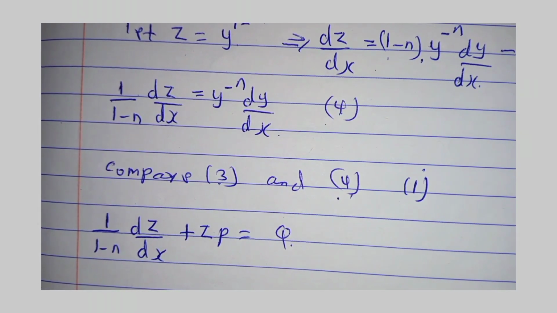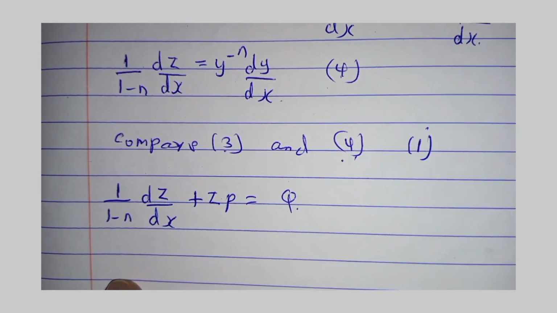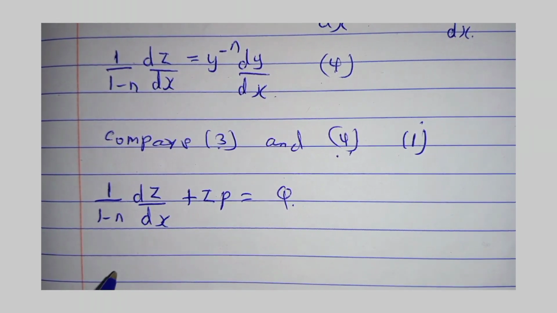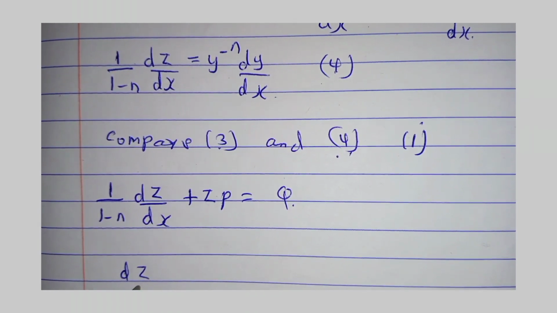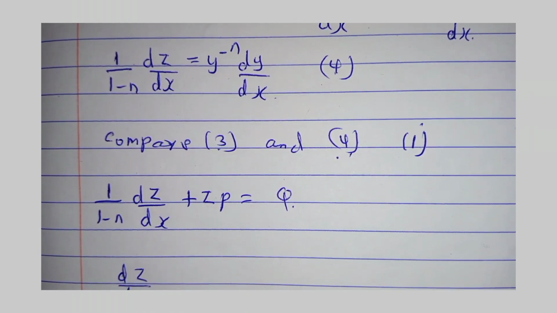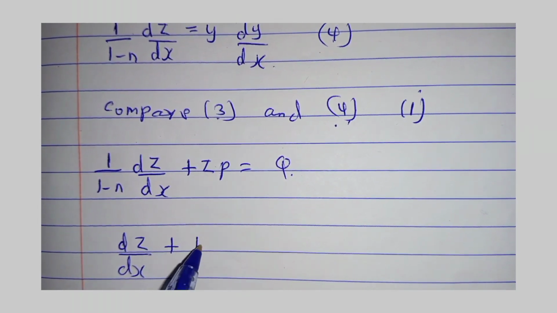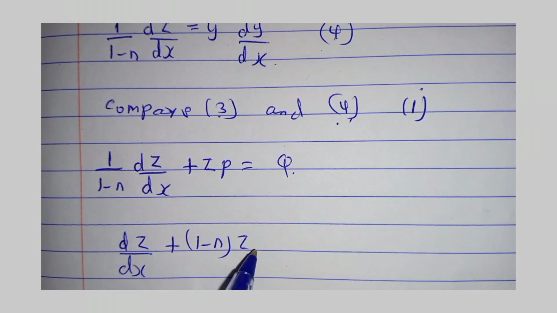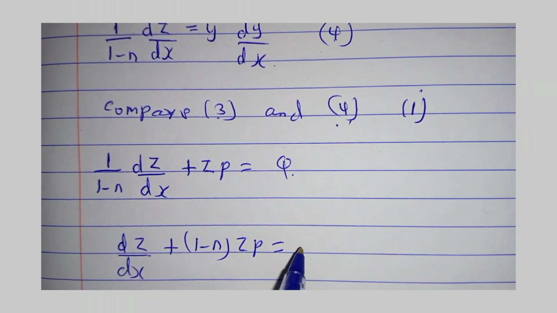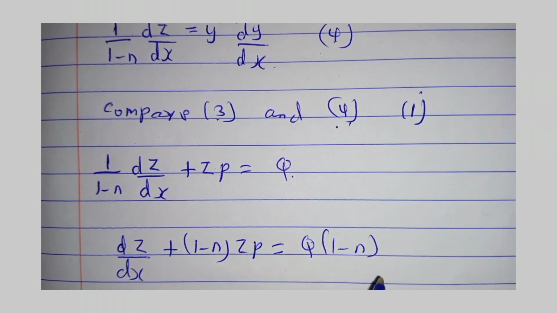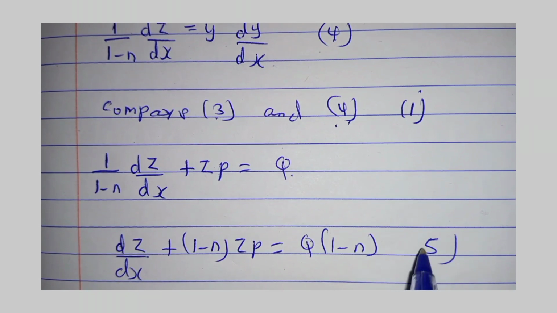That is what we are going to obtain after comparing. We can multiply both sides by 1-n to have dz/dx plus (1-n) zp is equal to q(1-n). We call this equation 5.